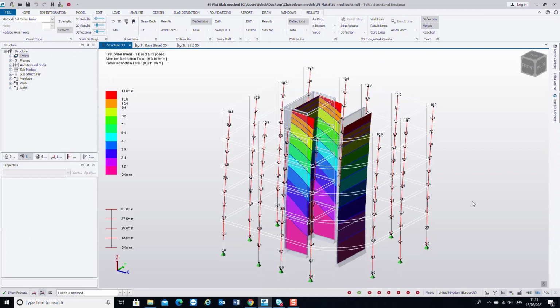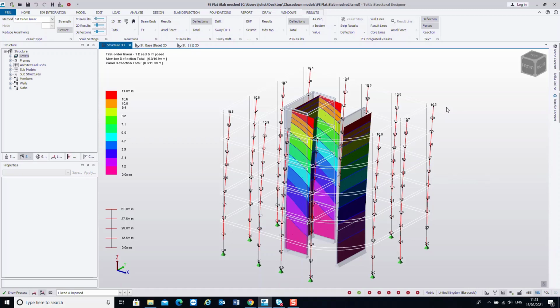So looking at the 3D building analysis results, we can see that without the slab mesh, the lateral movement of the structure will have increased. This will provide us with the correct diaphragm forces and thus moments in the wall panels for the design of these stability systems.